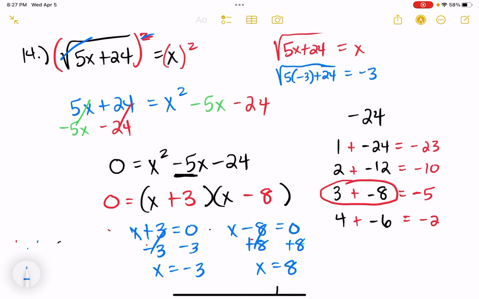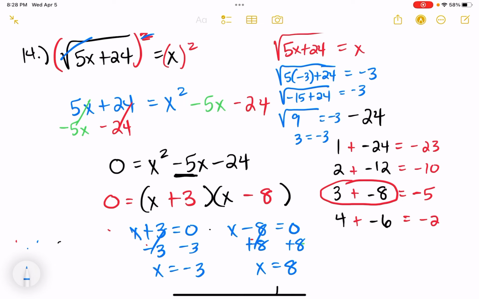Now, I already know this isn't going to work, and I'm going to explain why in just a second. So if I do 5 times -3 is -15 plus 24. And then -15 plus 24 is +9. And the square root of 9 is +3. So I ended up getting 3 equals -3.